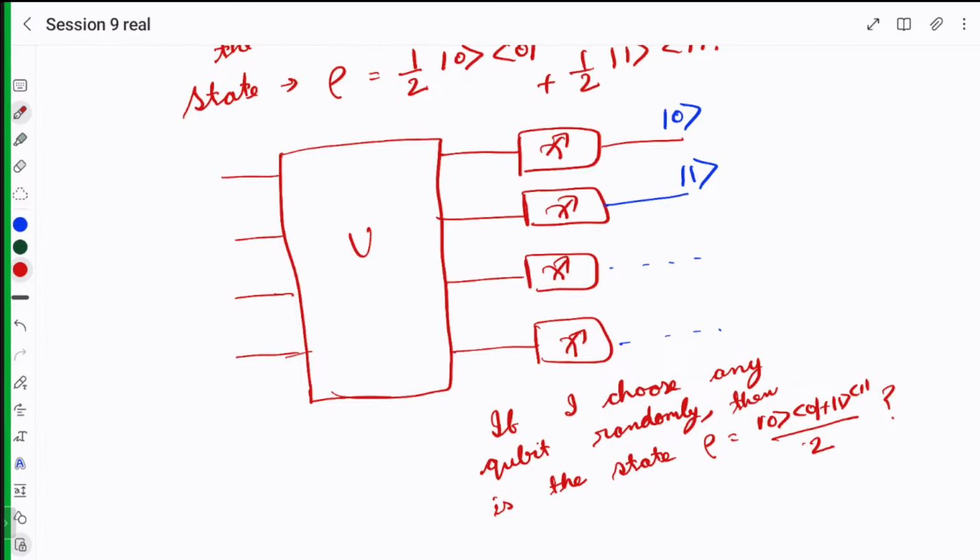Anything. Yes, no, any random guess. Just after measurement, mixed state becomes a pure state. Okay, so the answer is, is it yes or no?